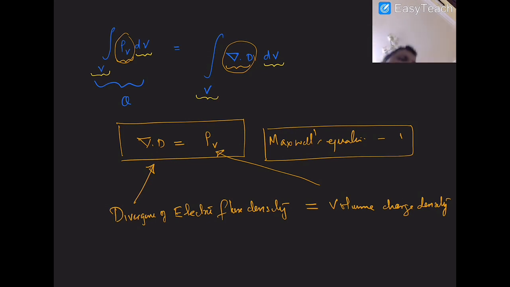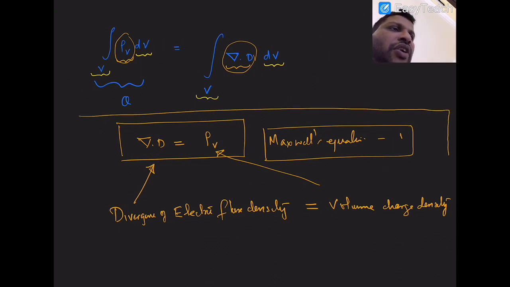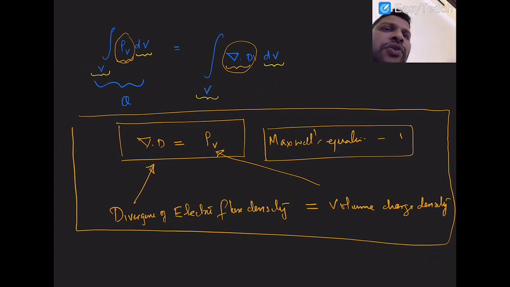Okay, the divergence of the electric flux density will be equal to the volume charge density. So this is the Maxwell's equation. So I hope it is clear to you. Thank you.